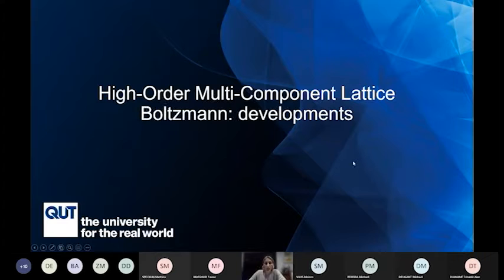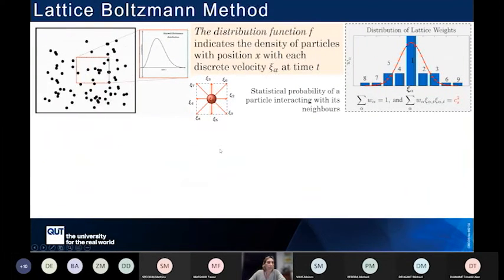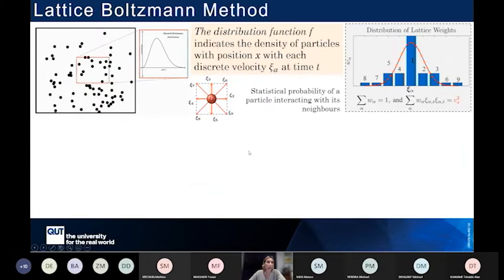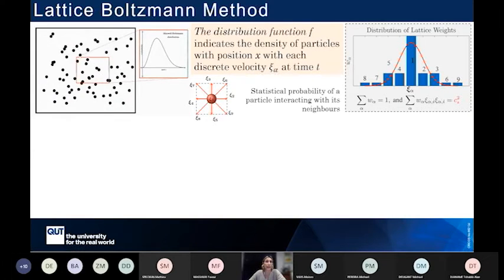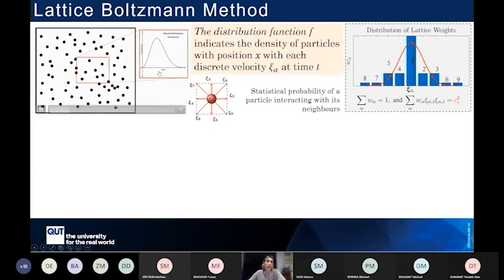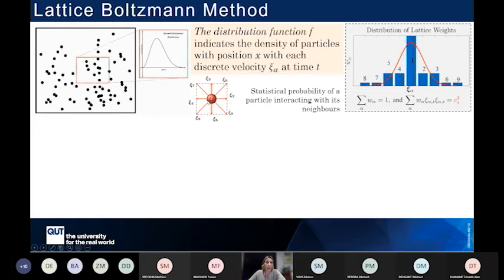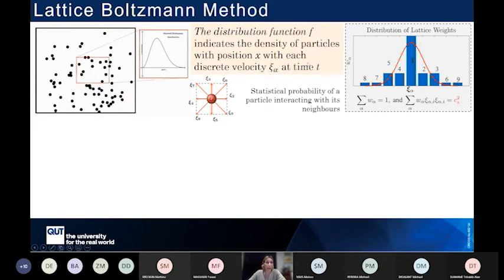Now, in terms of the developments, I'm going to briefly talk about the Lattice Boltzmann itself, but then moving on to using high order models, and then including multi-components so that we can look at mixtures, basically. So the Lattice Boltzmann approach, as I said, is a mesoscopic approach where we have a distribution function f that indicates the density of the particles or the molecules that we are considering in the fluid, and we allocate them with a position, and we give them some discrete velocities and directions at each time t.